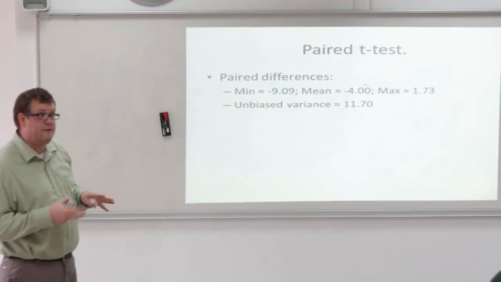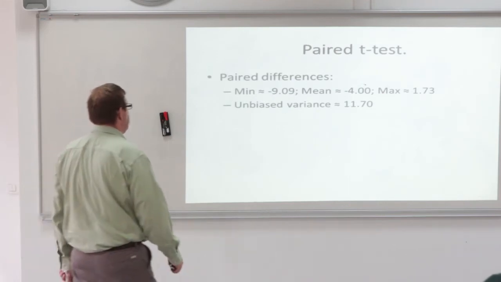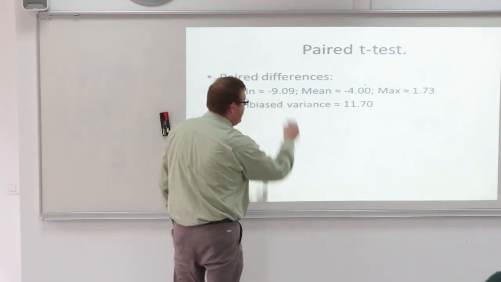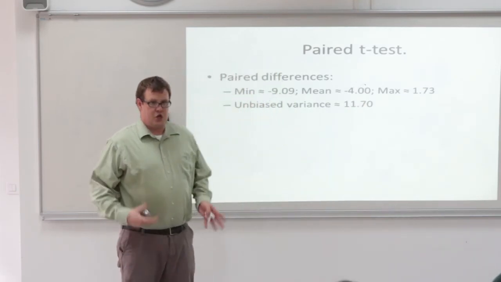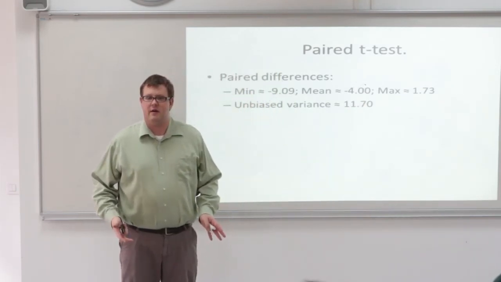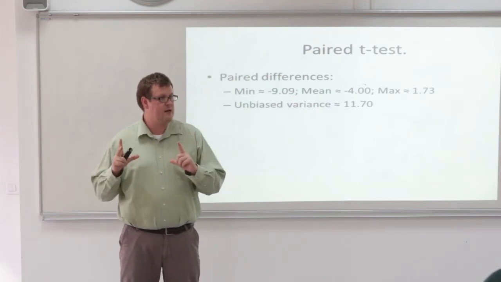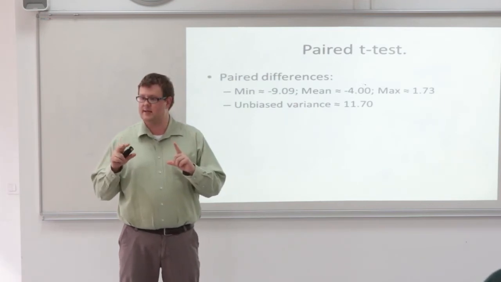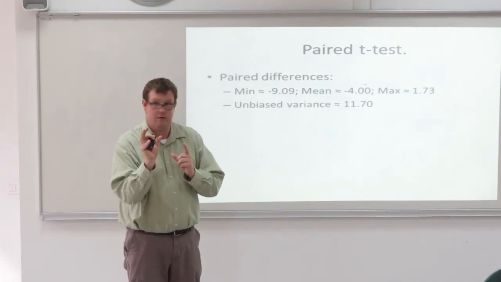analyze the data yourself for the thing that I'm going to put up on the internet for you to see that the minimum is -9, the mean is -4. It should be close to -4. We said that sample 1 should have a mean of 50, right? When I said randomly sample, take 12 samples from a mean of 50, right?